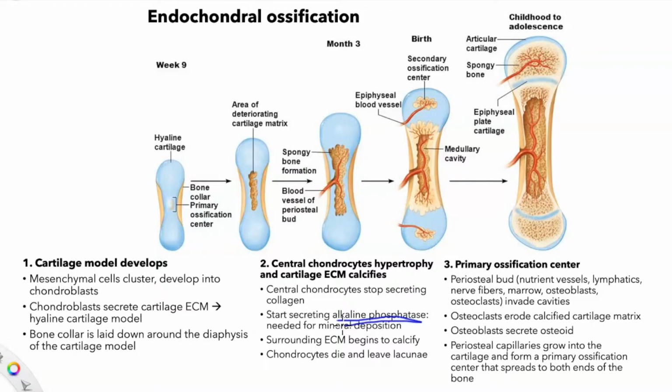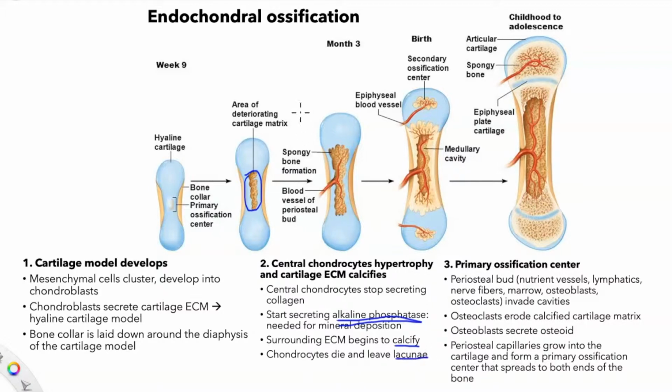And this is very important as a transitional substance because it is needed for mineral deposition. So the collagen in the middle actually starts to break down and the surrounding extracellular matrix begins to calcify. So in the middle here, you can see the area of deteriorating cartilage matrix, and it's starting to be replaced by minerals. And this process is called calcification. The chondrocytes die and leave spaces called lacunae.